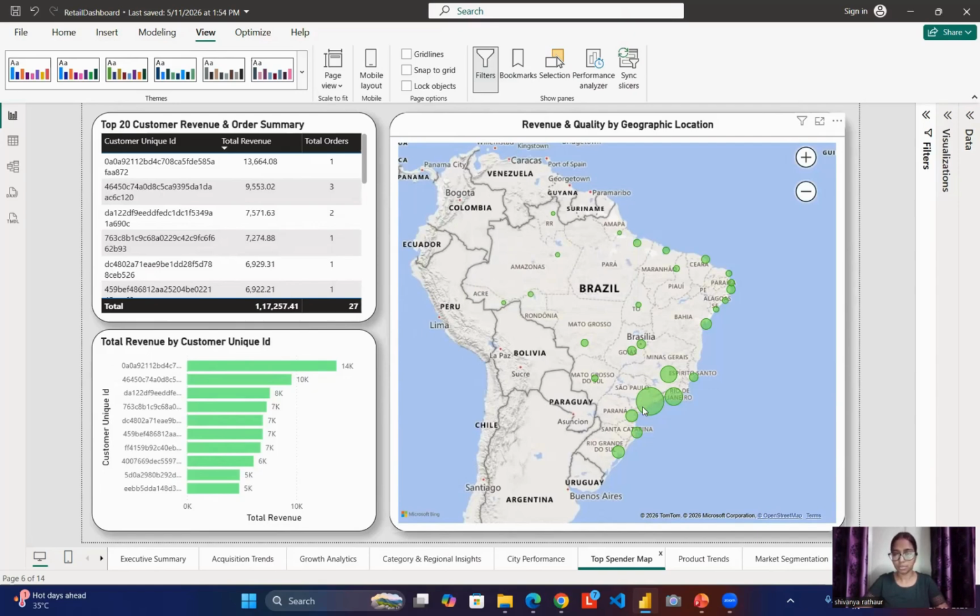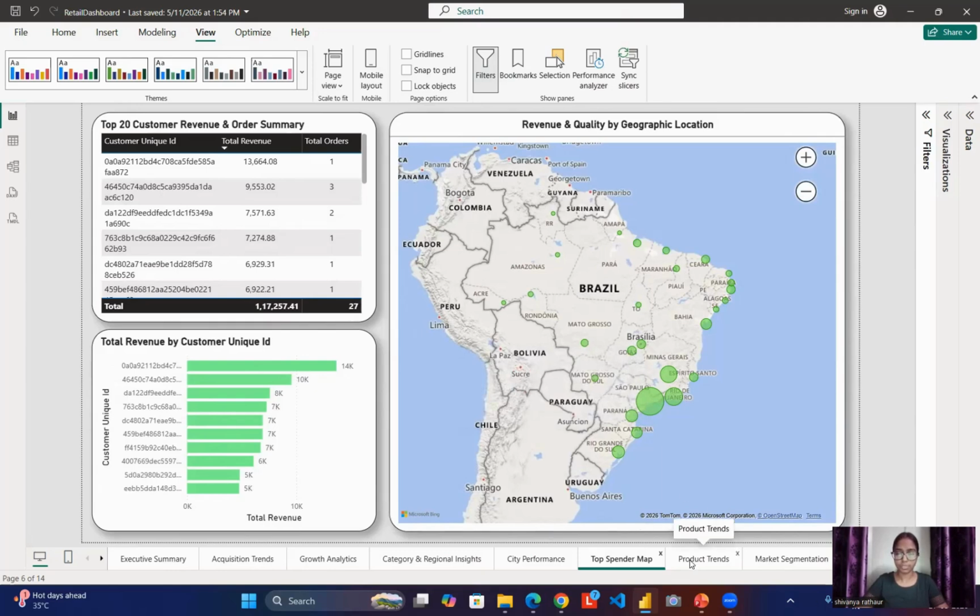You can see this big, large green dot shows Sao Paulo in Brazil. This is the location. Total revenue is approx 59 million and total orders is 4,107.46 and the average score is about 4.17.